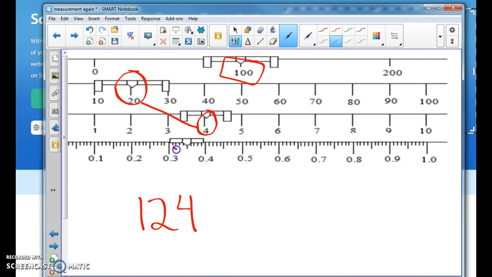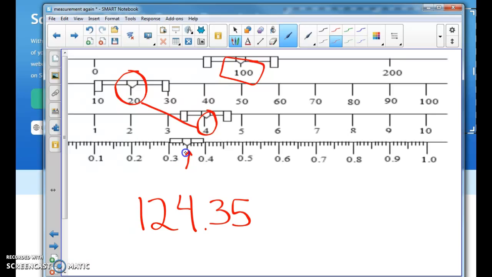But then from now on, we're in a decimal. Now, we know this number is between 0.3 and 0.4, so it's 0.3 something. Then we still know, if we look right careful there, it's right about on the very center, so I'm going to put a 5.